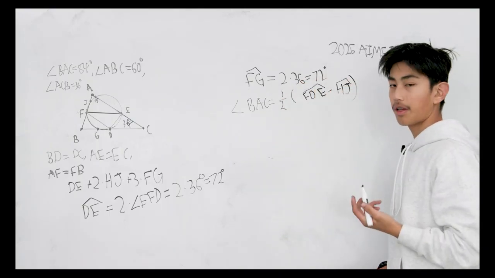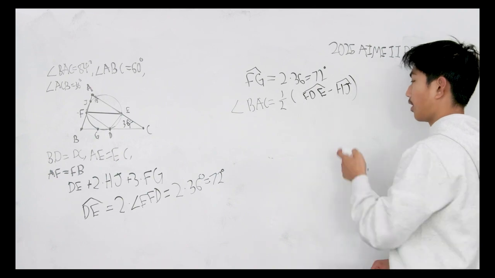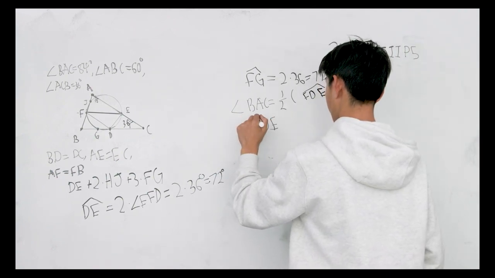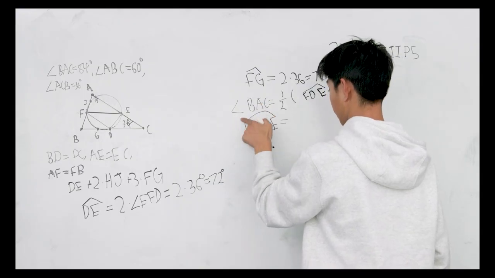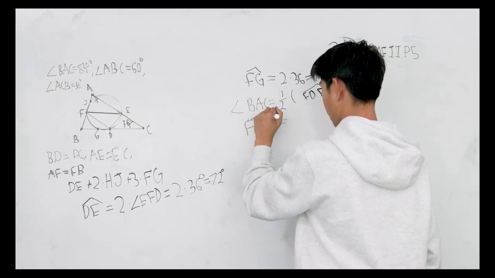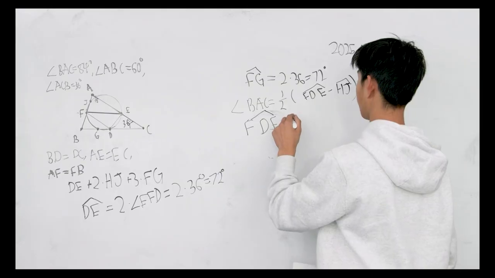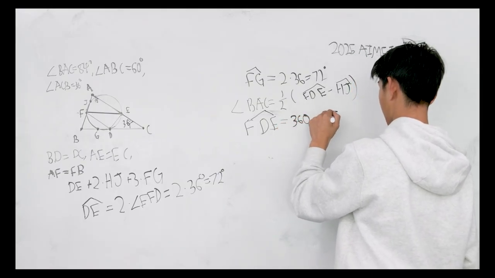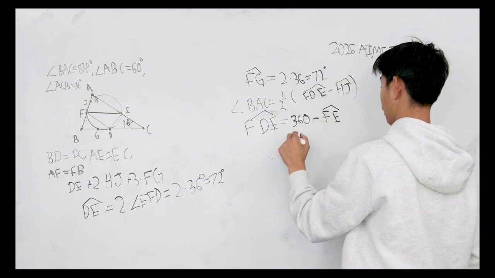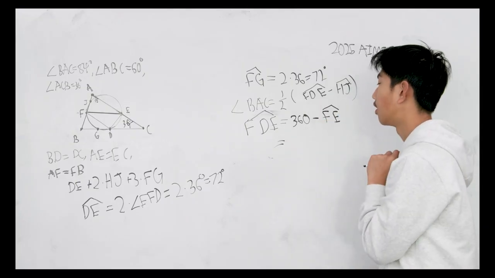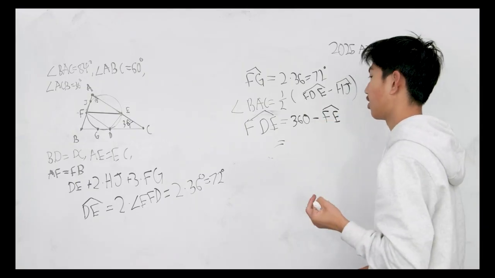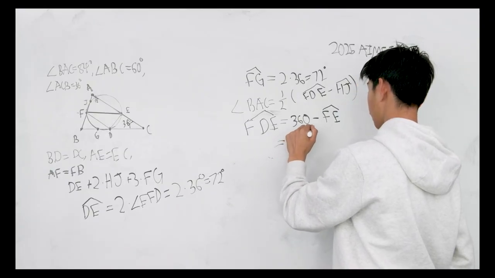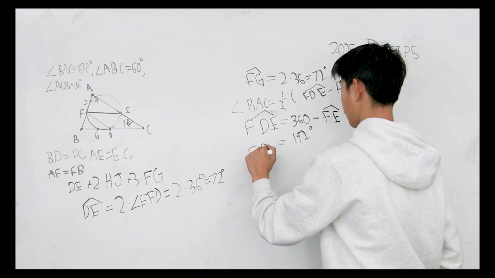We know that angle BAC is 84, and arc FDE is equal to 360 minus arc FE, which gets us to 192 degrees for arc FDE.